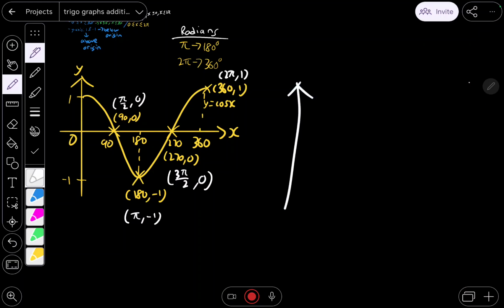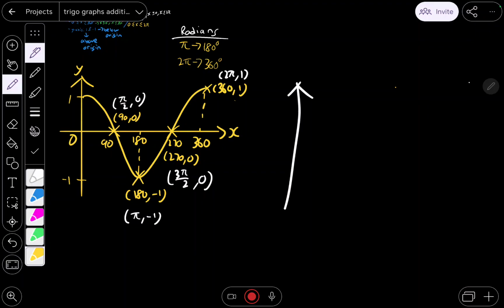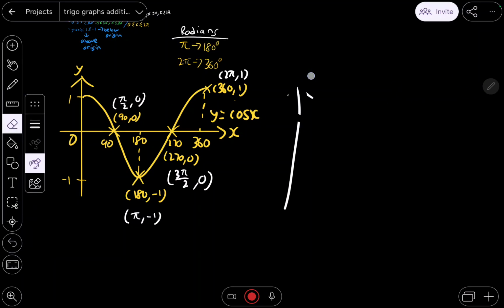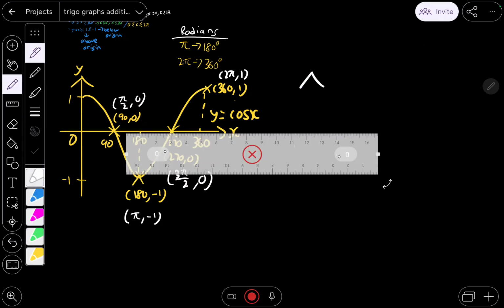Oh, by the way, I'll be writing this here. Just give me a moment. Okay, hold on. So of course I will have my ruler with me as well.